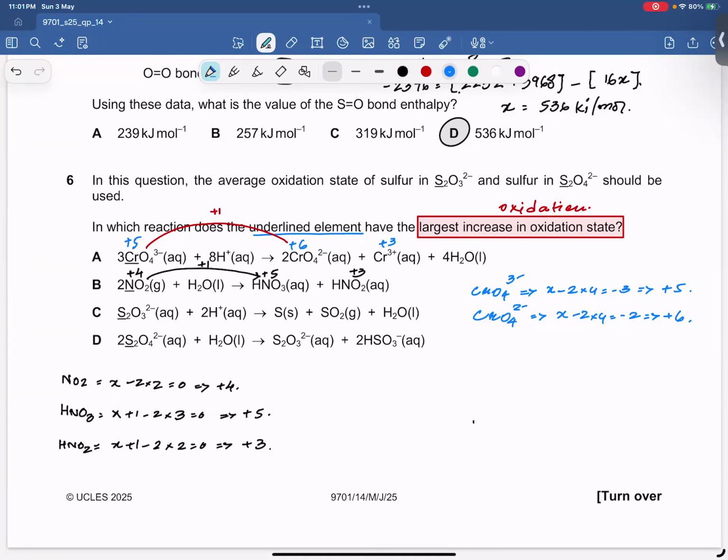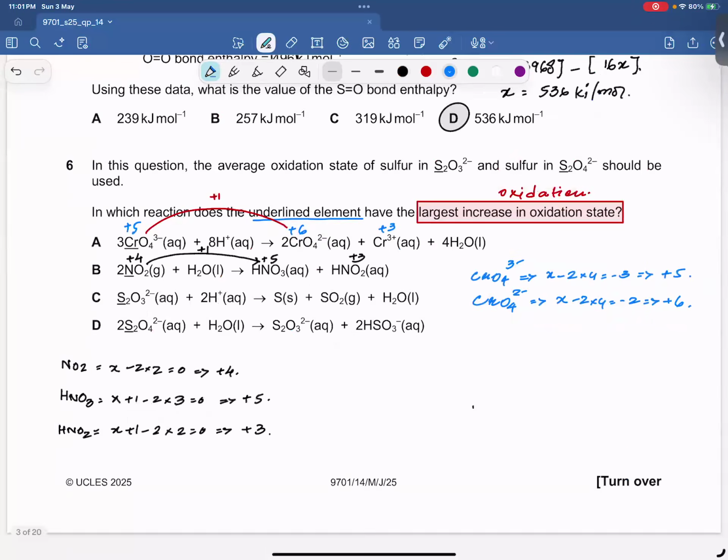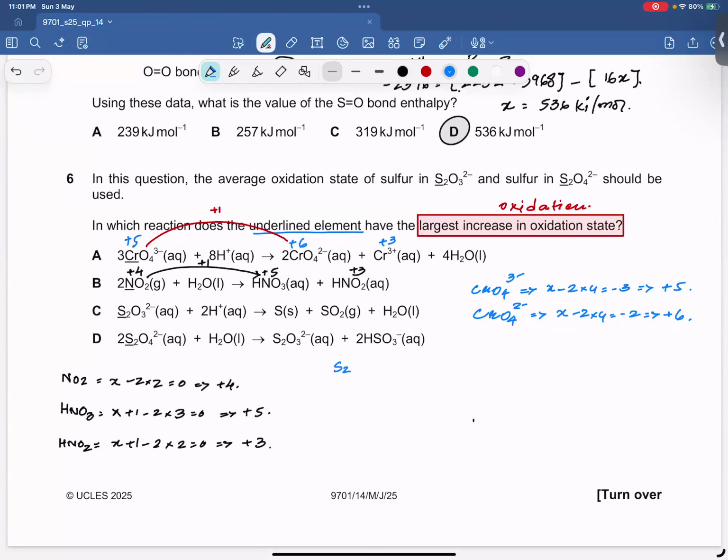Let's talk about C. S2O3 2-. So let's suppose sulfur is 2X, oxygen is -2 into 3, whole charge equals -2.